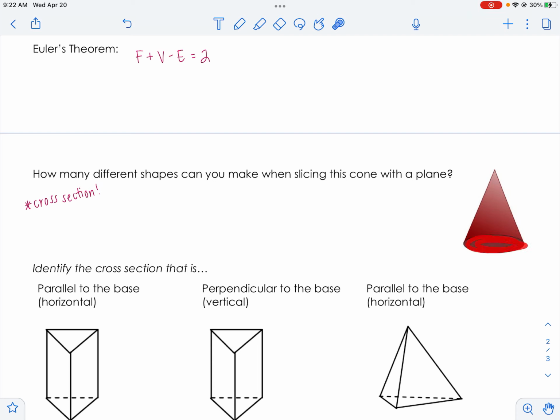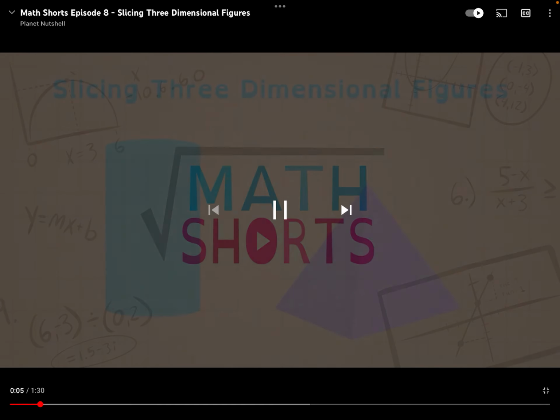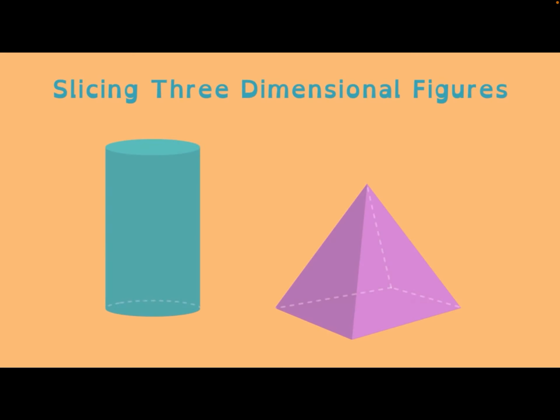Knowing some things about a cone, like a cone has a base that's a circle, surely there's a way that I could slice this that would give me a circle. If I slice it vertically and look at the cone, I see a triangle. So there's a circle, there's a triangle. Then we're going to watch a quick little clip to see what other options we have.